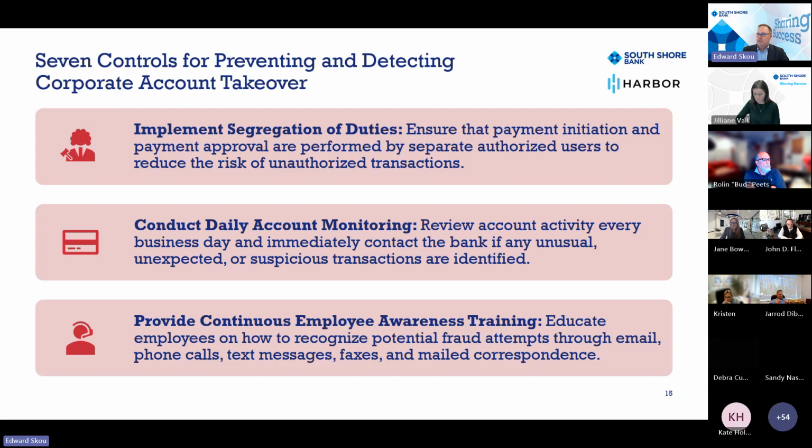We have seen cases where one user's credentials became compromised and the payment was saved from going out because the approver was notified about a payment they were not aware was supposed to be going out. So that's very helpful in fighting fraud with ACH payments and wires.